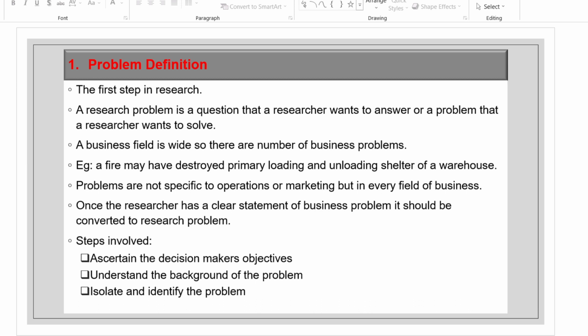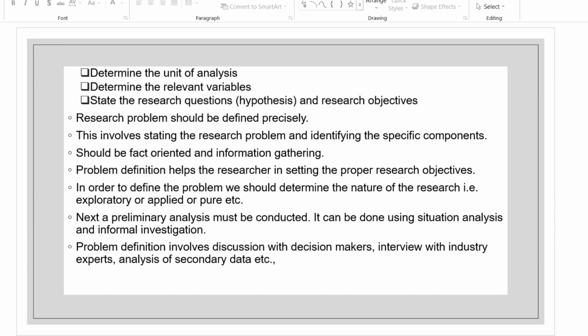The first step is ascertain the decision maker's objective, understand the background of the problem, isolate and identify the problem, determine the unit of analysis, determine the relevant variables, state the research questions or hypothesis and research objectives. These are the steps involved in problem definition.